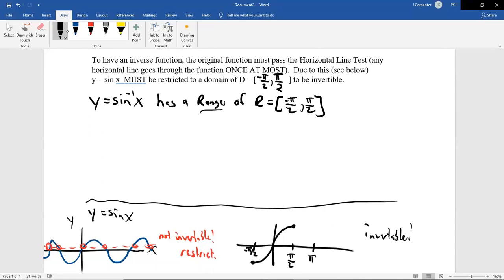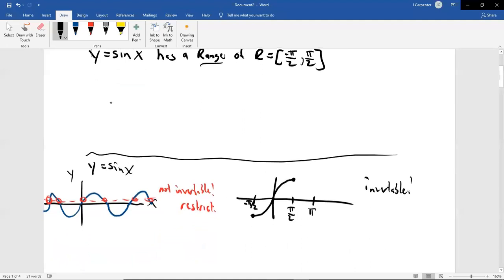Now, before, I didn't write this, but the range for sine of x was from negative 1 to 1. Why? Because these heights are 1, these heights are negative 1. Even with the restrictions, that highest high is 1 and the lowest low is negative 1.